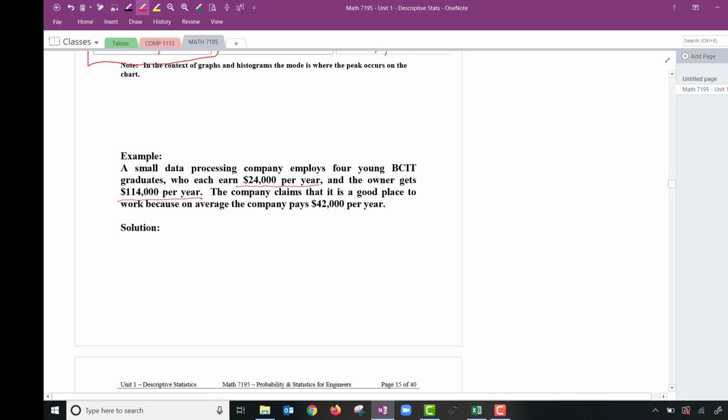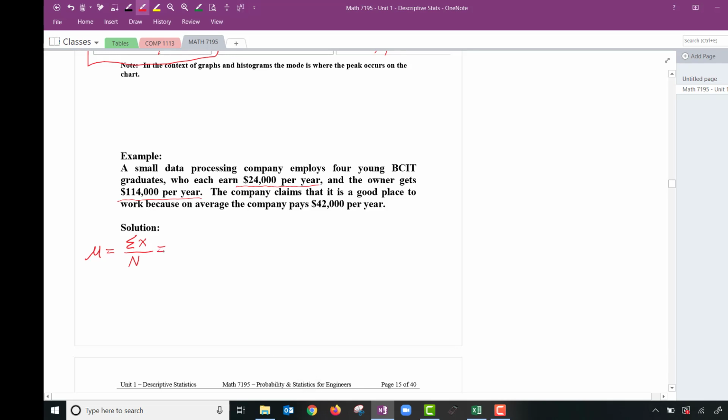Is this deceptive? Possibly. Let's calculate the actual mean salary of these 5 people, the 4 employees and the owner. It's the entire company, so I think we can view this as a population, and I'm going to use my population parameter mu. I'm going to sum up each of the salaries and then divide by however many there are.